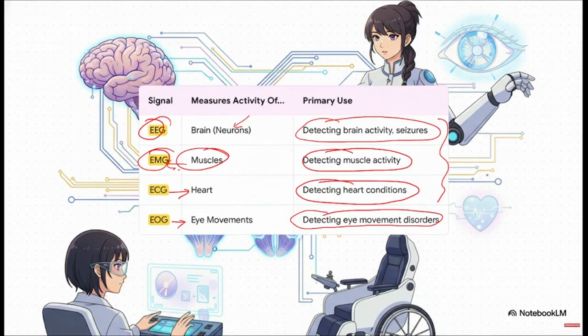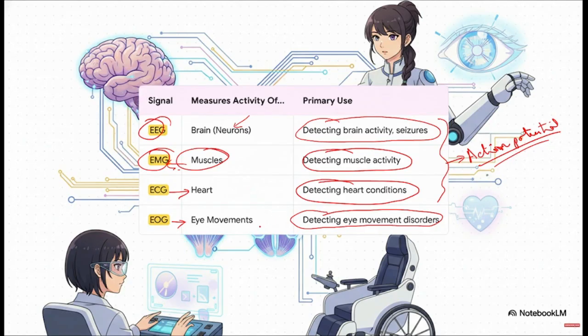Even though all four are electrical signals, the first three are generated due to the action potential. I hope all of you have studied in biomedical instrumentation theory what an action potential is, right? So the first three are generated through the process of the generation of the action potential.